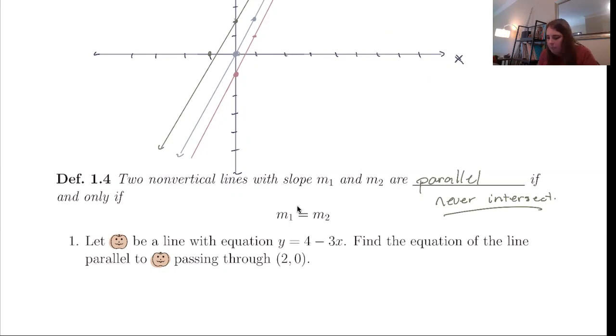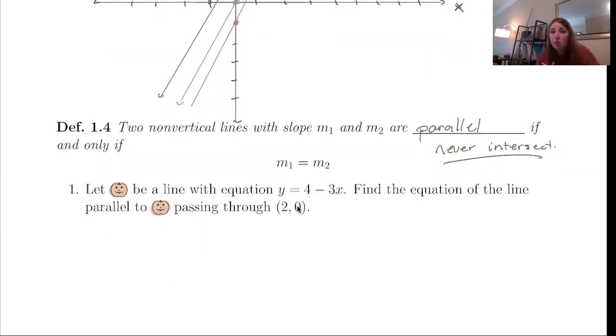Now I'm given another line and a point. I can't find the slope with just 1 point. So what should I do? I want to find the equation of a line that is parallel to this first one, pumpkin, and it passes through (2, 0).